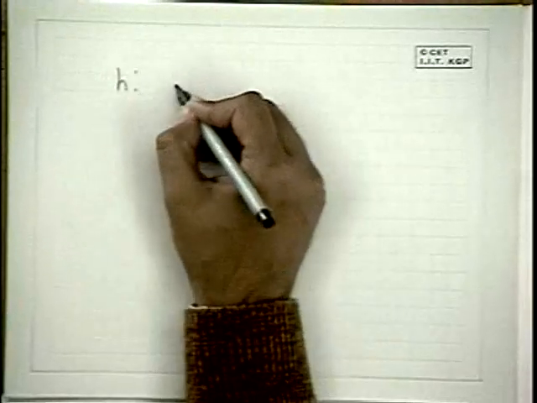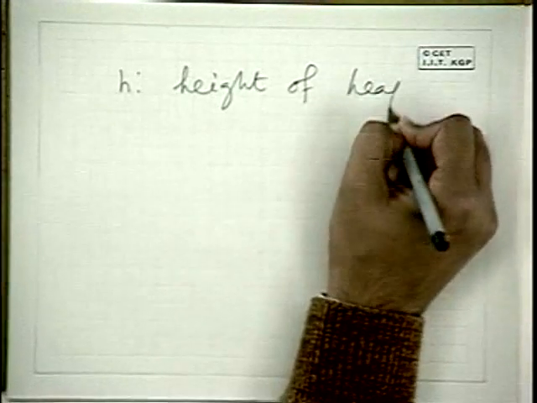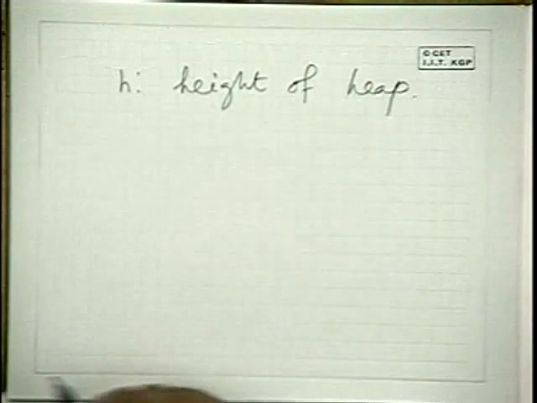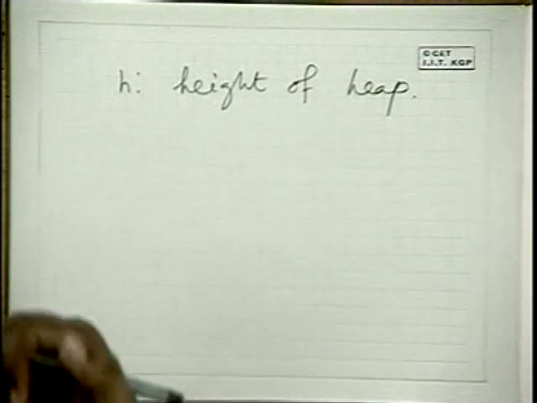Okay. So let's see now. The first thing we will prove is what is the height of a heap. So let us denote H as the height of a heap. Basically, the height of any node is the number of edges you have to traverse from the root to come to that node.